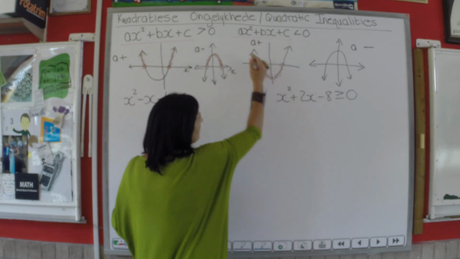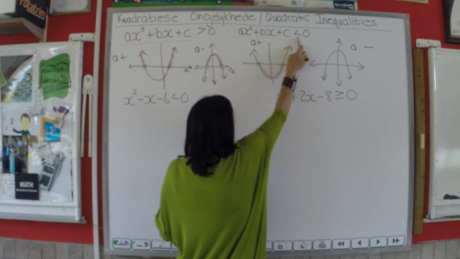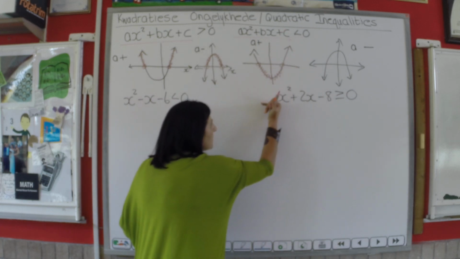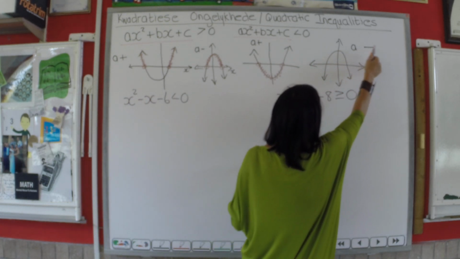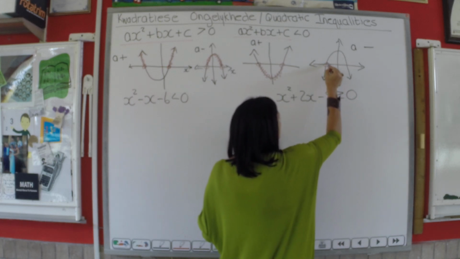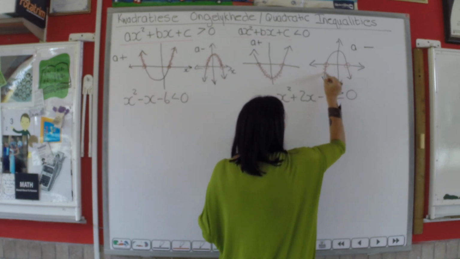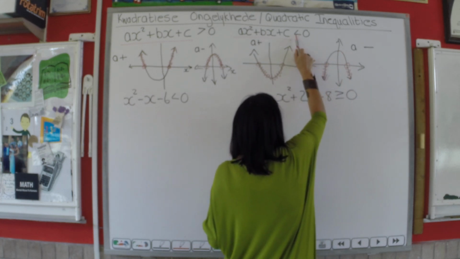If a is positive, it's a smiley face. En wanneer dit 'n kleiner as is, beteken dit aan die onderkant van die x-as. When a is now negative, it's a sad face. En dan is dit aan die onderkant van die x-as, want dis kleiner as.